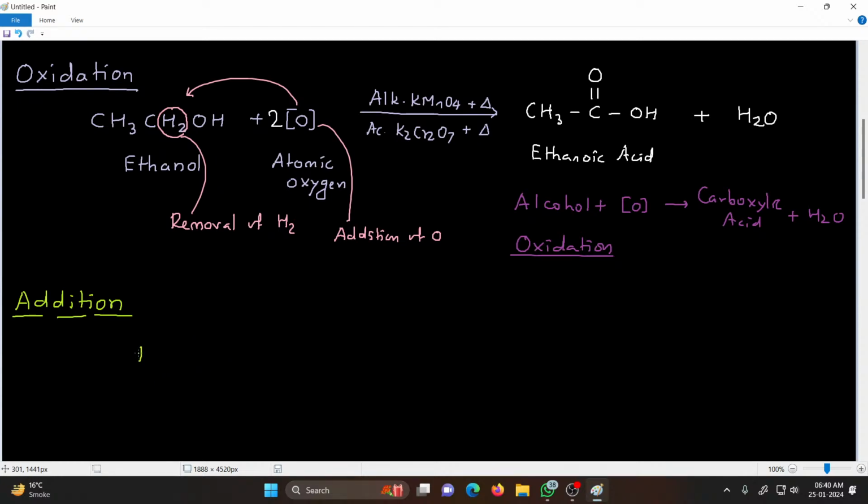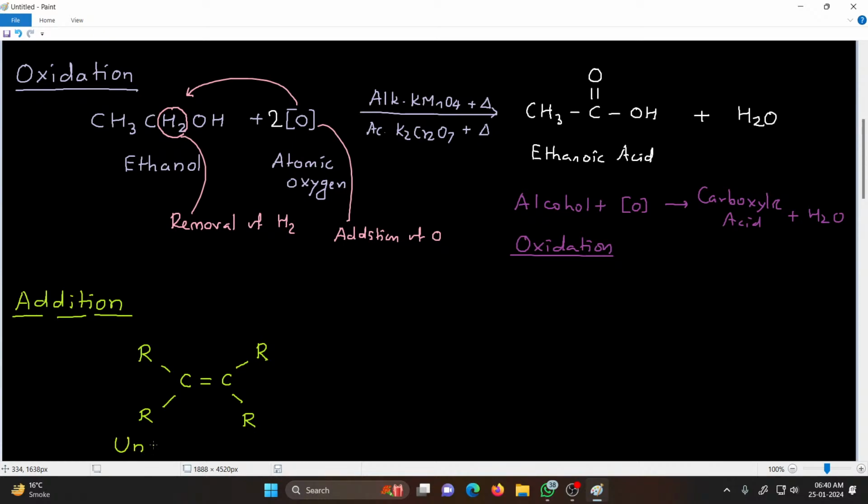Like we have an unsaturated hydrocarbon with, let us say, a carbon-carbon double bond in between. So you have a reactant like this. This is any unsaturated hydrocarbon.